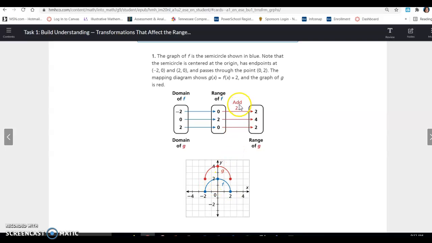If we add 2 to the range of f, 0 plus 2 is 2, 2 plus 2 is 4, and 0 plus 2 is 2. So the range of g in red is going to be these numbers here. We're going to have the same domain, just a different range: (-2, 2), (0, 4), and (2, 2).